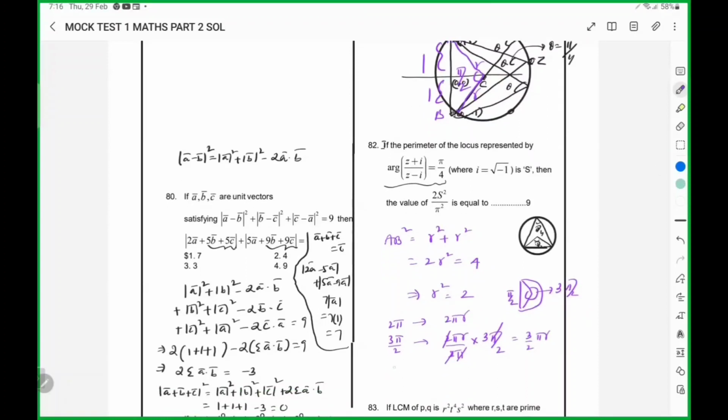So here the perimeter is S. What he is asking is 2s square by pi square. S square is 9 pi square r square by 4.